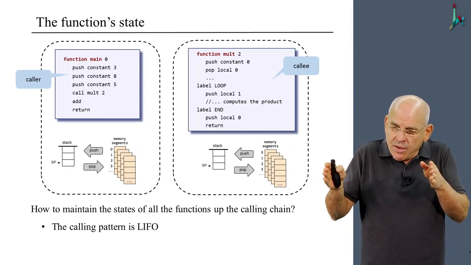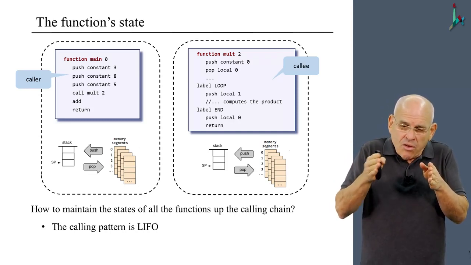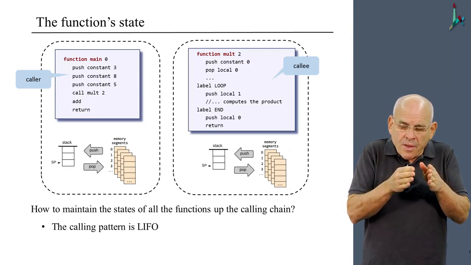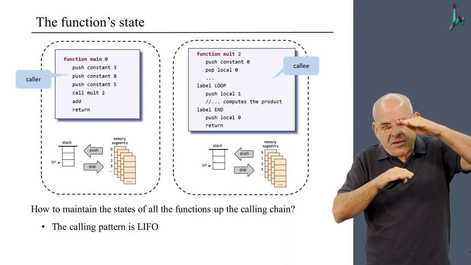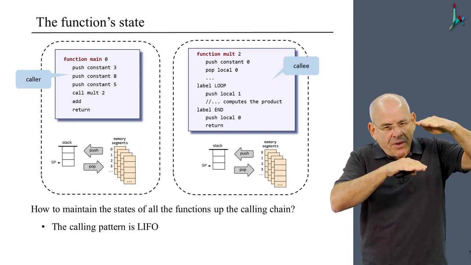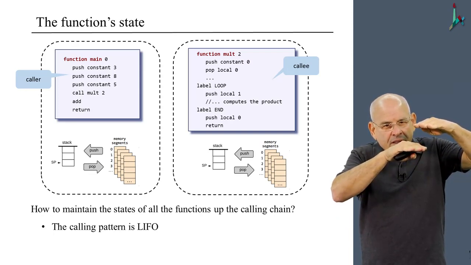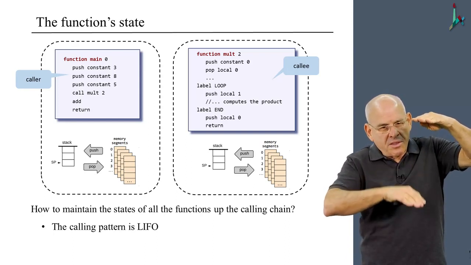So once this one returned, the calling chain shortens, and then this function does something, and then it returns, and the calling chain shortens, and so on. So it grows like this, and then this one returns, then this one returns, and then this one returns. So it grows this way and returns this way.